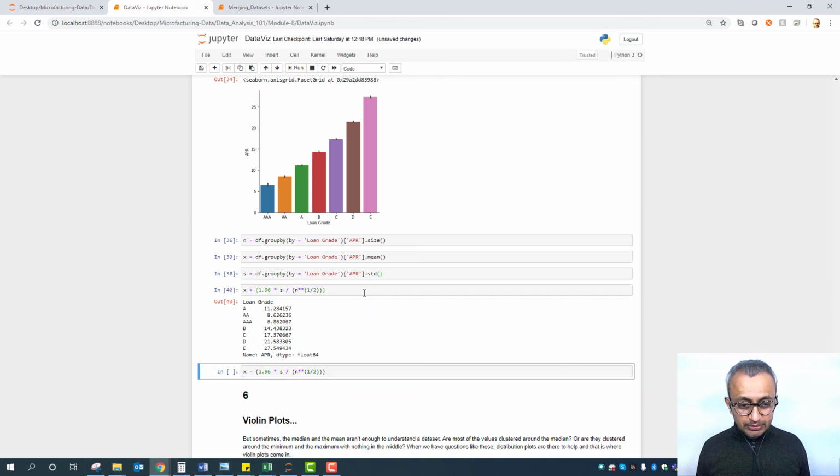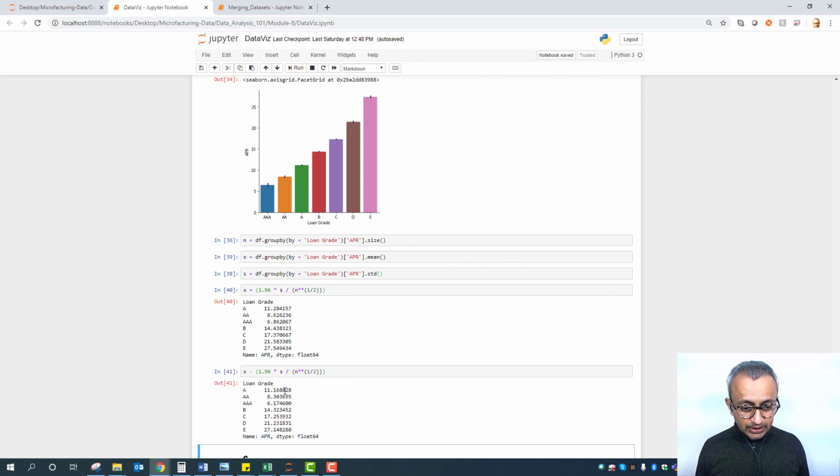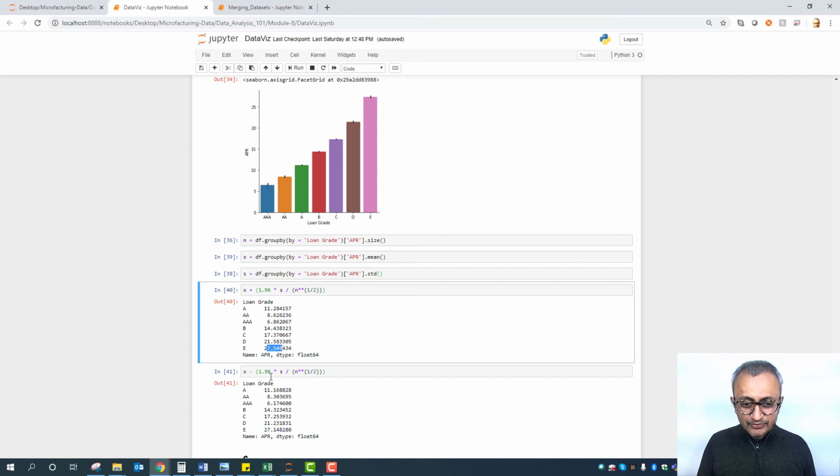Then we can calculate the band, so as you can see, the top of that band and the bottom of that band. AAA has a range of 6.17 to 6.86, which I think this bar is able to capture. E has a range of 27.14 to 27.54. So pretty tight bands in all cases, right?